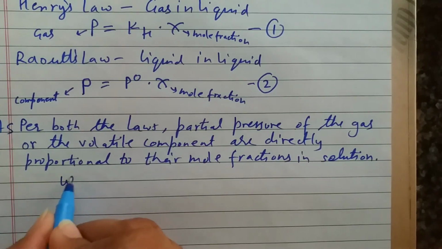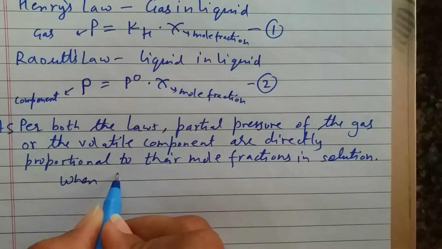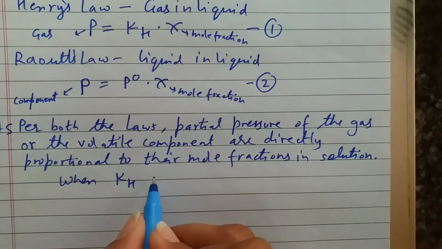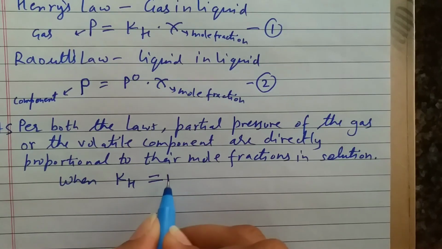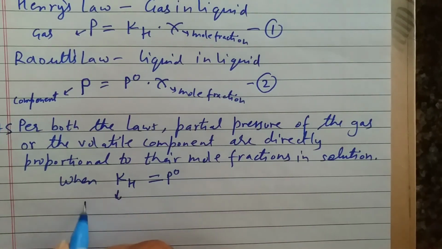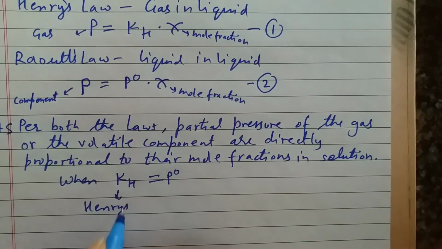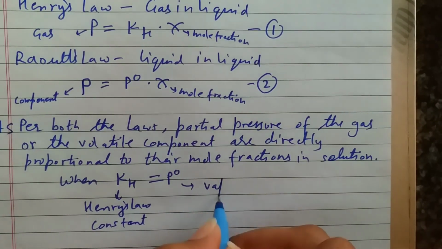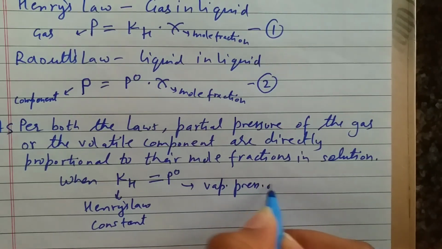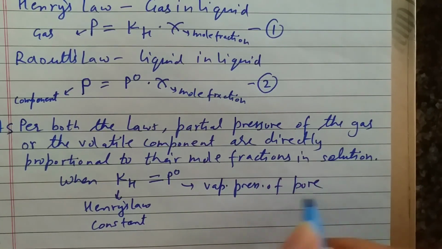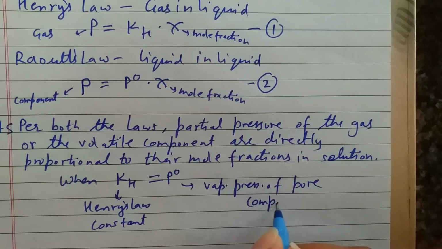And when the value of KH, the Henry's law constant, becomes equal to P naught. What was KH? KH was the Henry's law constant. And what is P naught? P naught is the vapor pressure of the pure component.